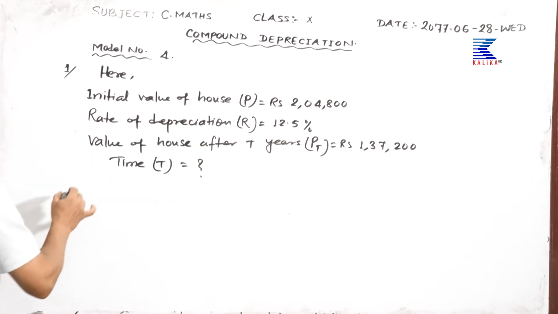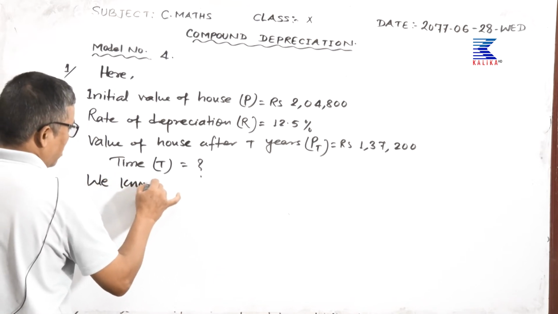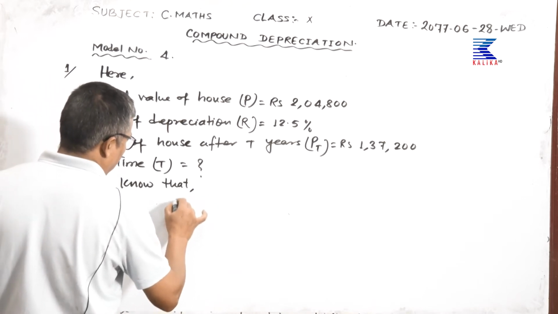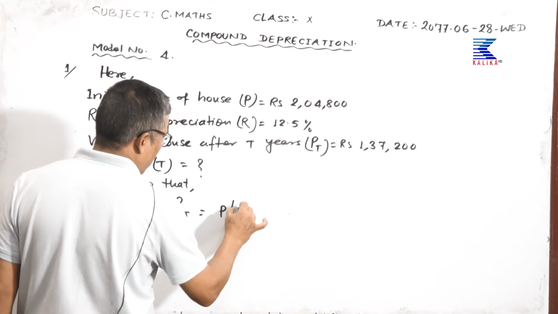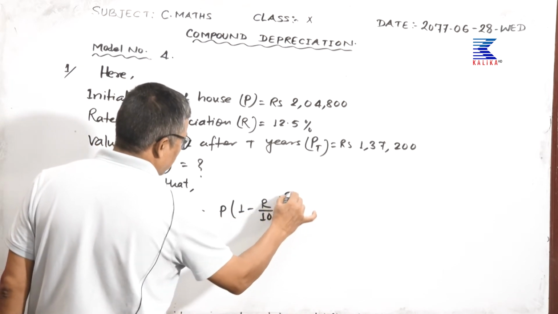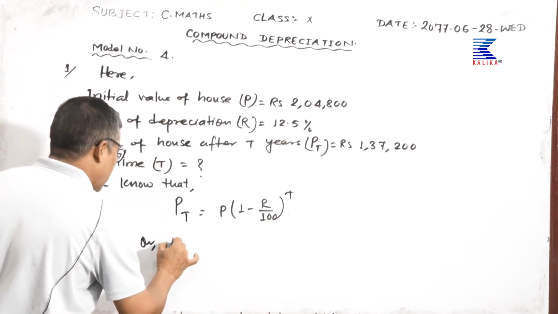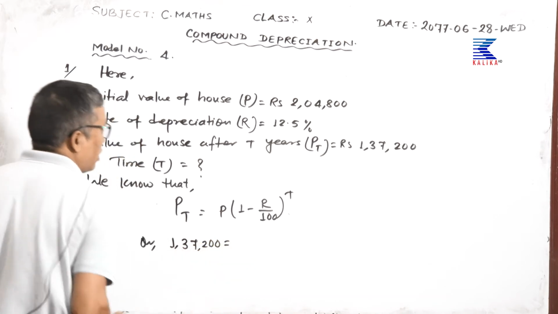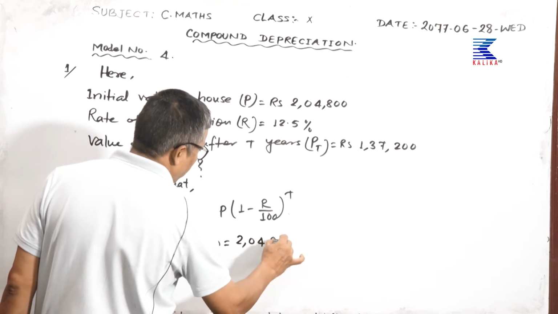We know that Pt is equal to P times (1 minus R by 100) to the power T. Clear? The value of Pt is 1,37,200, and the value of P is 2,04,800.